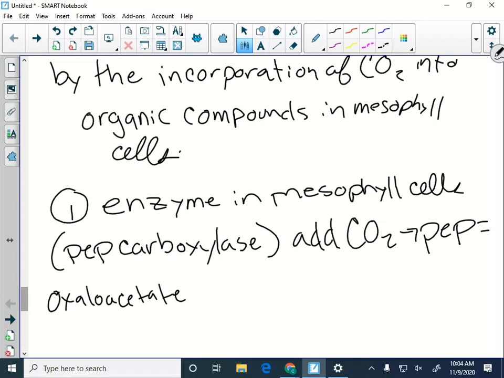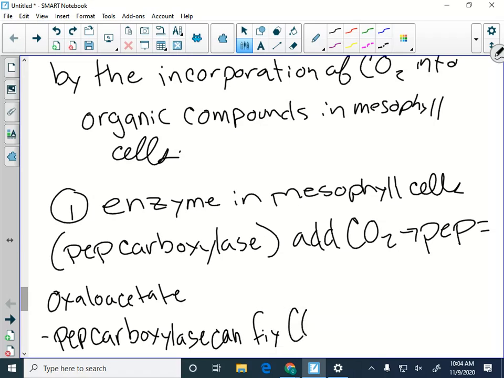This happens because PEP carboxylase can fix carbon when Rubisco can't. So Rubisco's great. We love Rubisco. Like I said, one of the most common proteins on Earth.